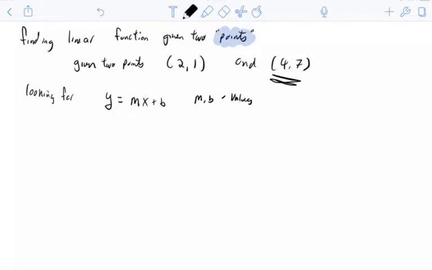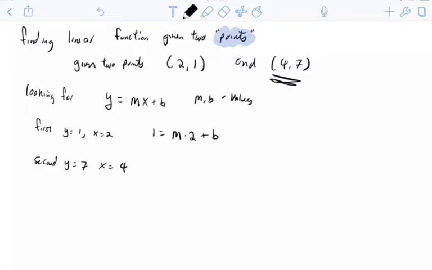For the first point, y is equal to 1 and x is equal to 2, right? And so we want a value of m and a value of b where m times 2 plus b is equal to 1. For the second point, y is equal to 7 and x is equal to 4.